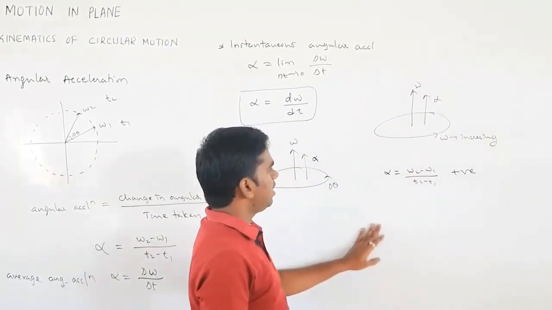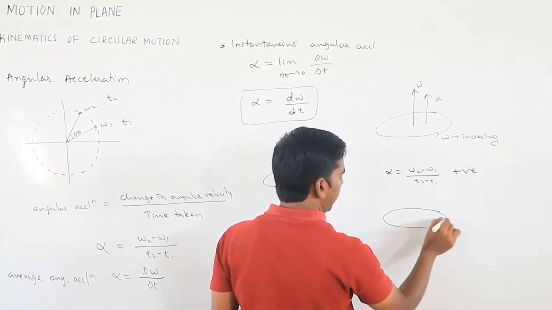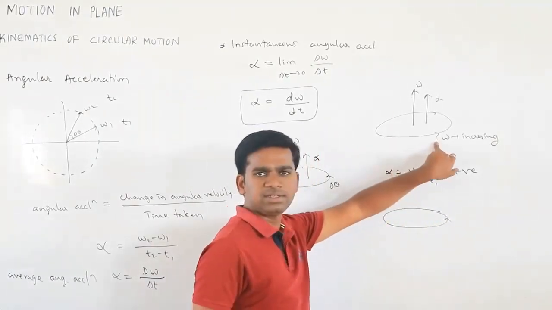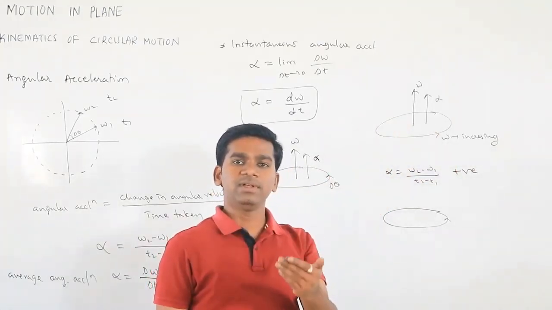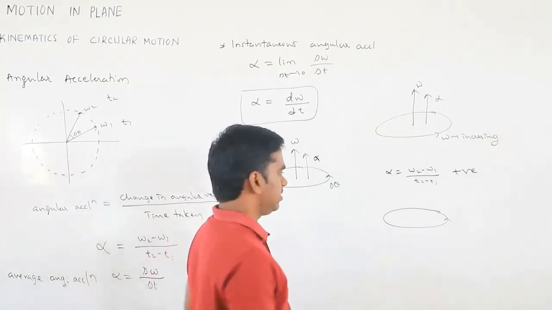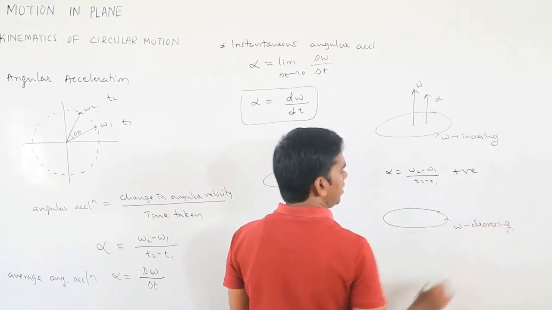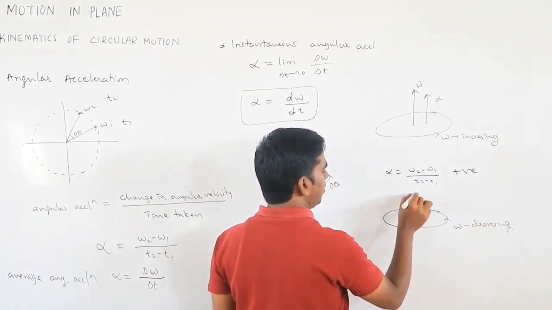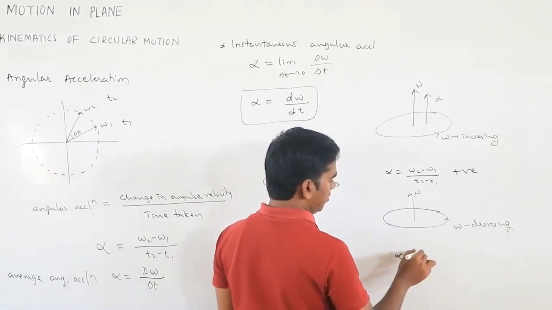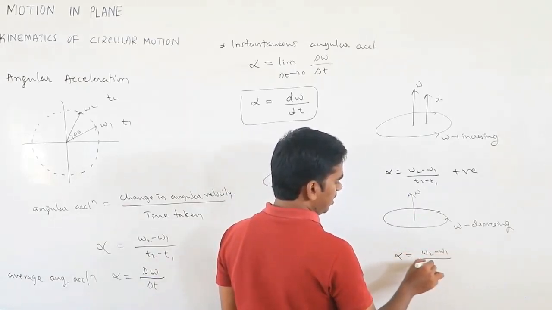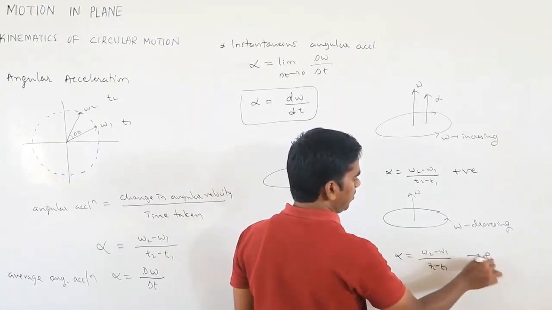Instead, if omega is decreasing, with the direction of omega the same, we are not changing this direction. Here the direction of acceleration depends on whether omega is increasing or decreasing. Suppose omega is decreasing. Obviously omega will be in this direction, no problem. But what about acceleration? Alpha equals omega 2 minus omega 1 divided by t2 minus t1 becomes negative.